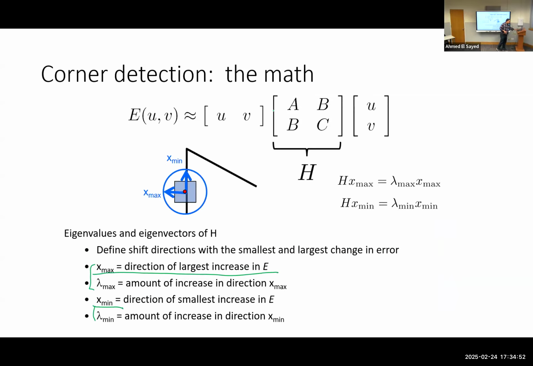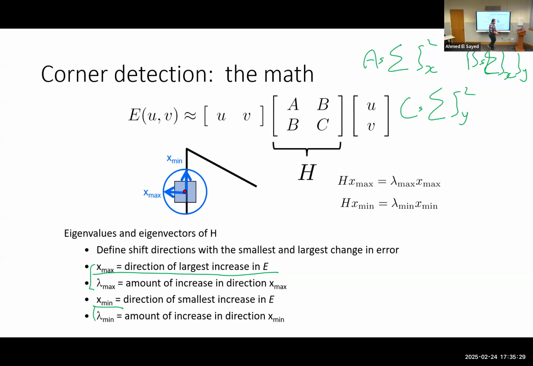B is the summation over Ix, Iy. C is the summation of Iy squared. What is the Ix? It's the derivative of the image with respect to the x direction. What is the Iy? It's the derivative of the image in the y direction. B is the multiplication of them.